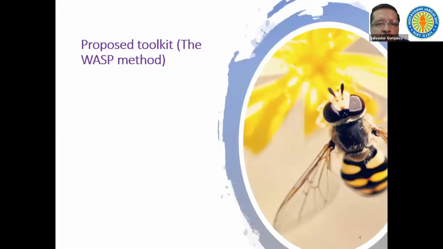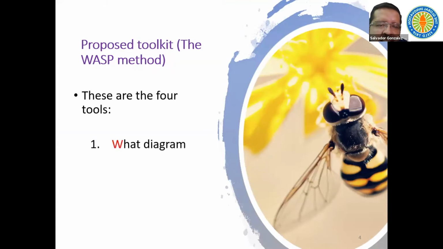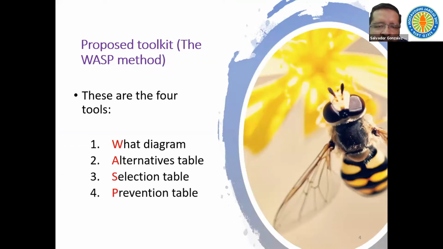Then the proposed toolkit is the so-called WASP method, in the sense that it consists of a what diagram, the alternatives table, the selection table, and a prevention table. Those are the 4 tools that we will discuss here.